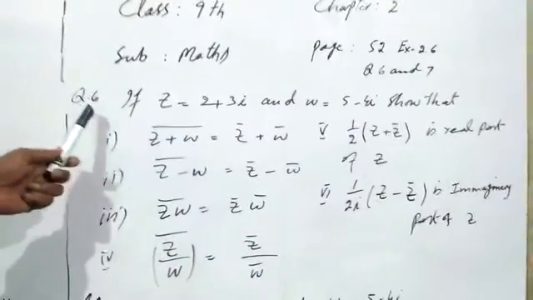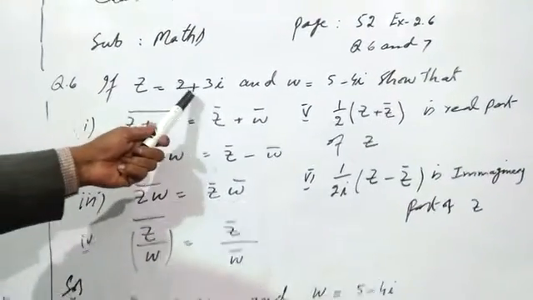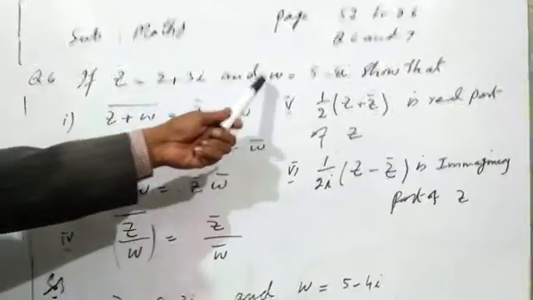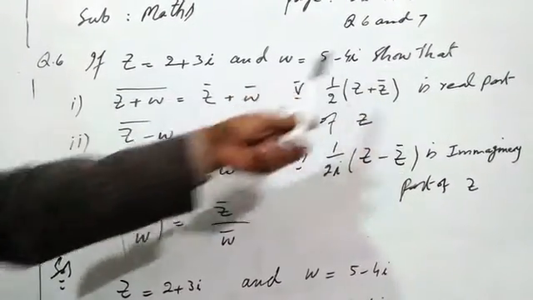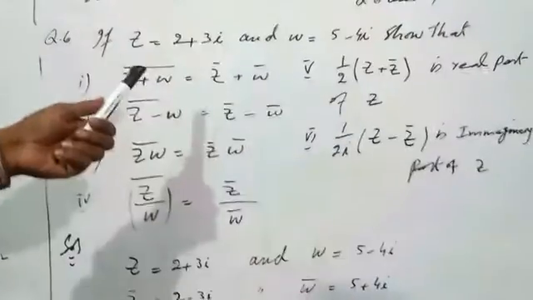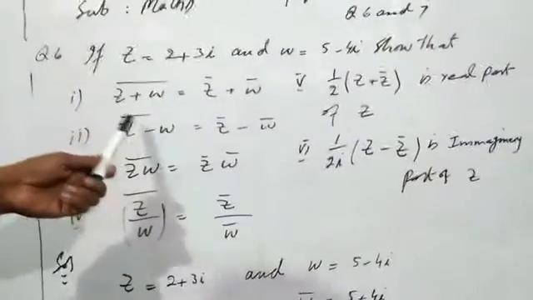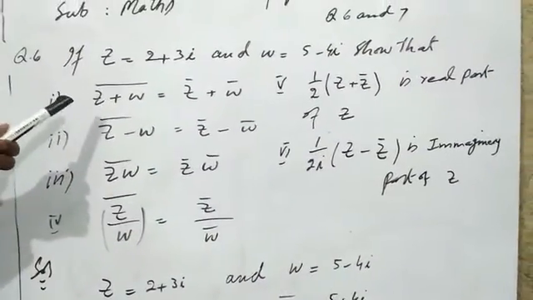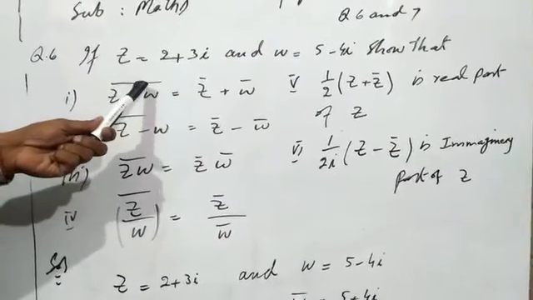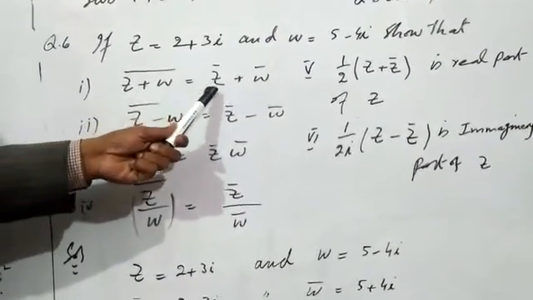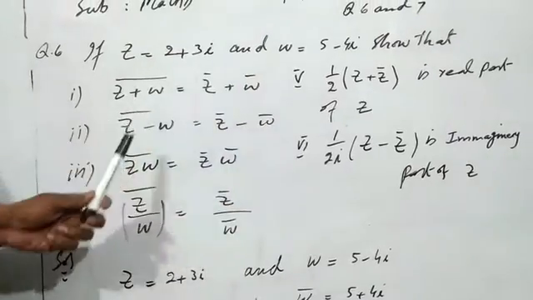Question number 6. If z is equal to 2 plus 3 iota and w is equal to 5 minus 4 iota, then we have to show these results. Z plus w conjugate is equal to z conjugate plus w conjugate.